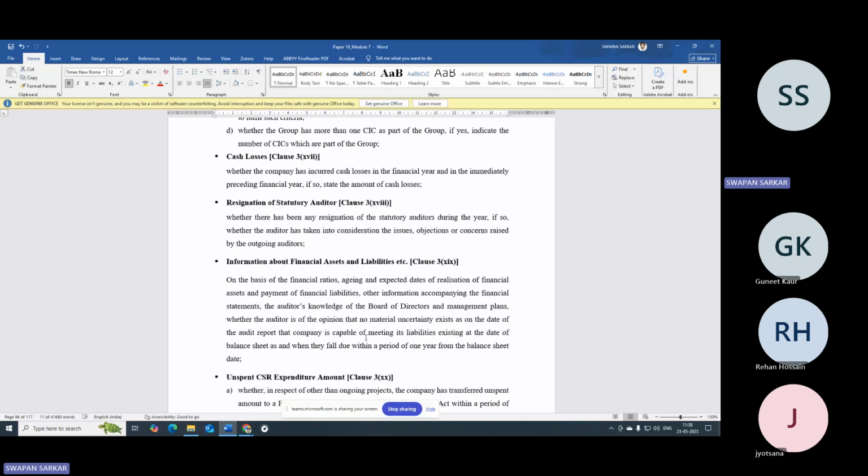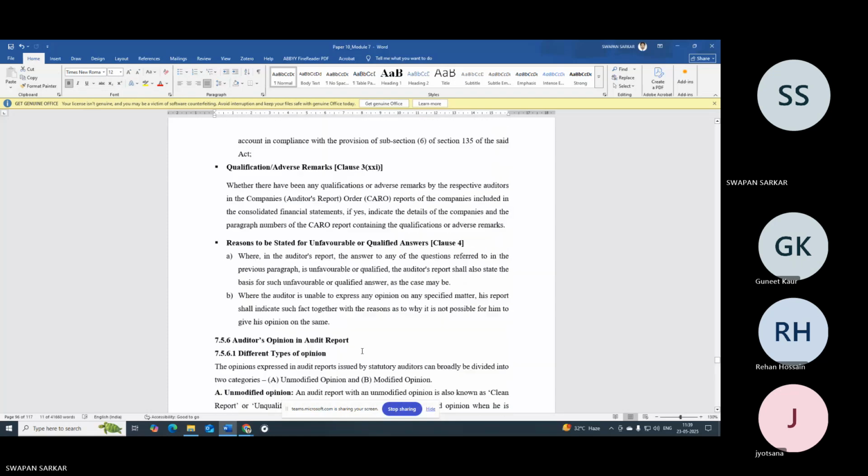Whether the auditor is of the opinion that no material uncertainty exists as on the date of the report that the company is capable of meeting its liabilities existing on the date of the balance sheet and when they fall due within a period of one year from the balance sheet date. In this way, CARO 2016 clarifies a number of important areas which are required to be presented and disclosed in the financial statements.